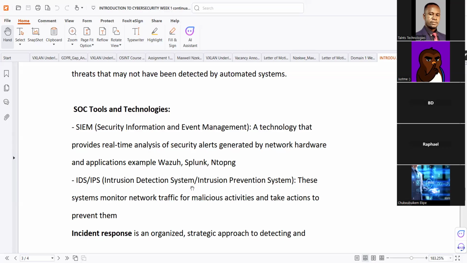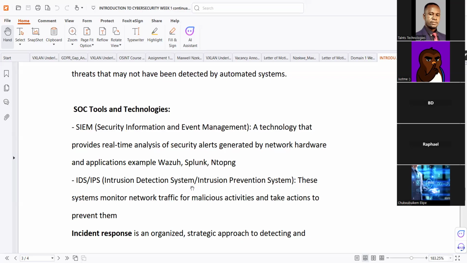If I ask you, among these two, which one do you think is more powerful? IDS or IPS? IPS. Why? Because it prevents. They try to prevent the attack itself. Good. I hope others are following.